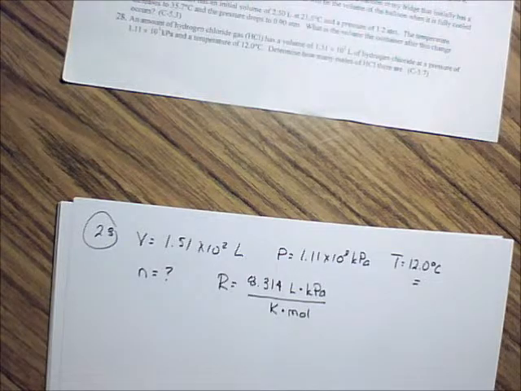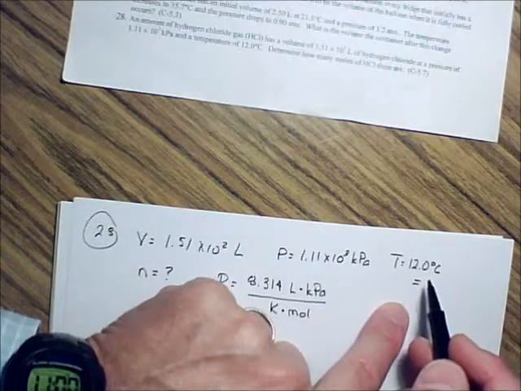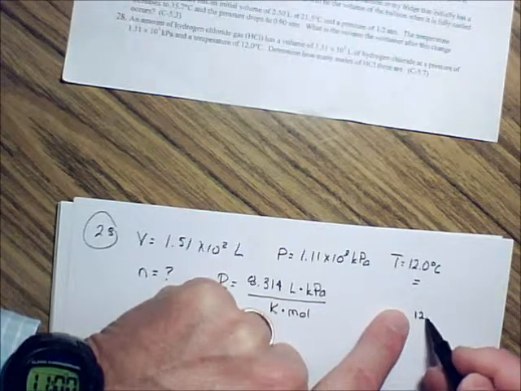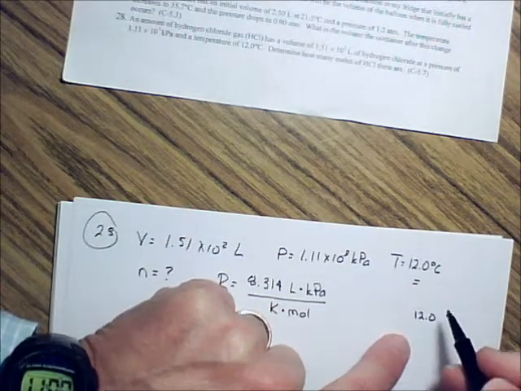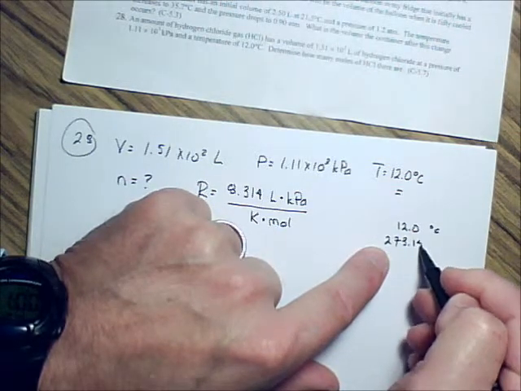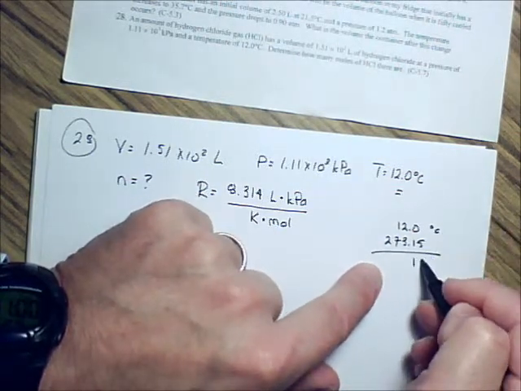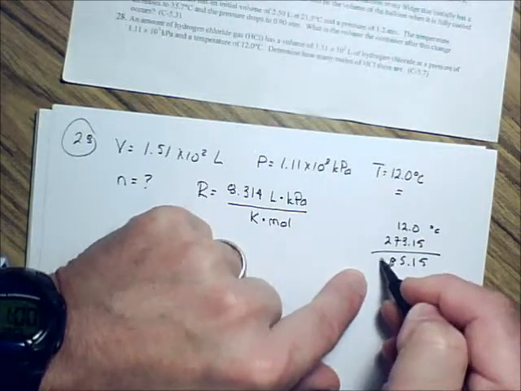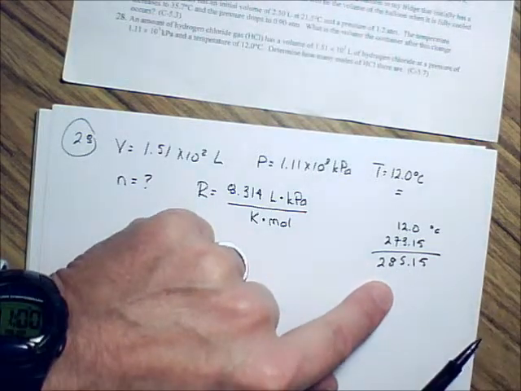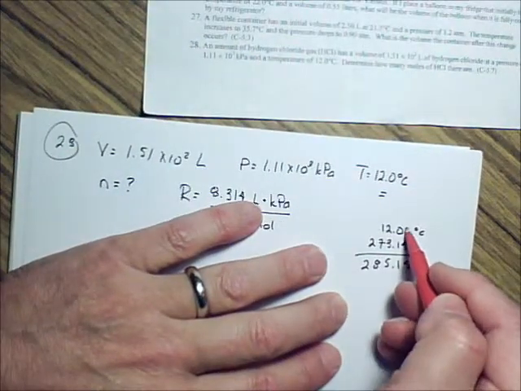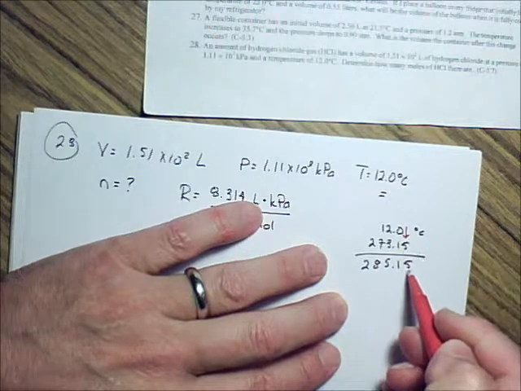All right, we've got everything except we need to convert this to Kelvin temperature. So we have 12.0 degrees C, and we have to add 273.15 to that. 5, this is 5, this is 8, 285.15, but we've got an empty slot above the 5, meaning that this 5 has to be rounded off.